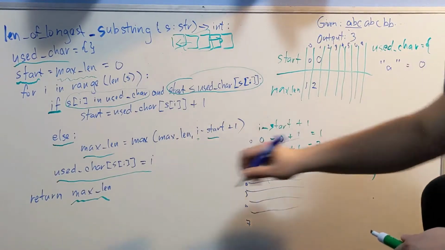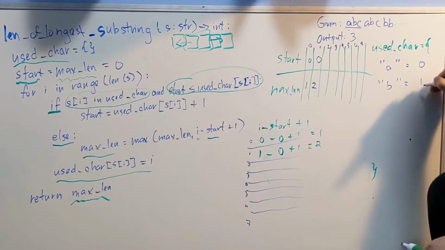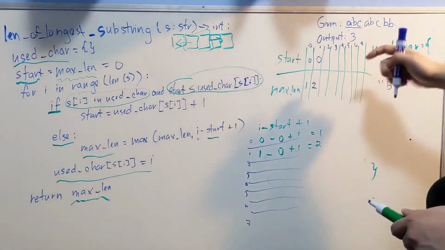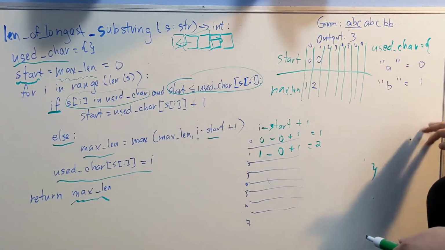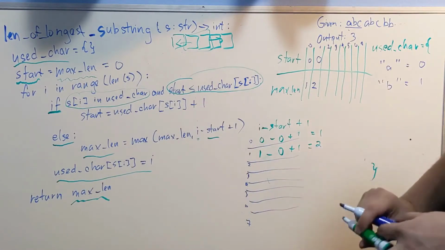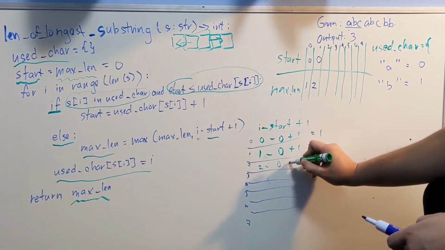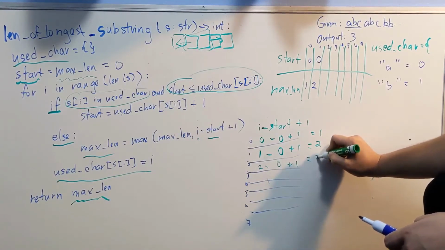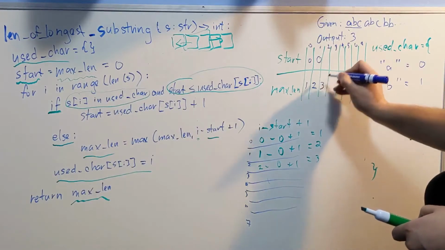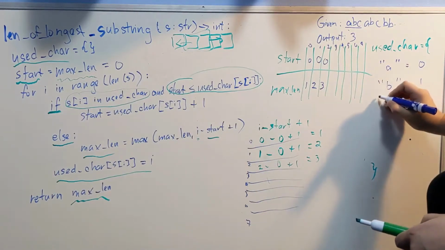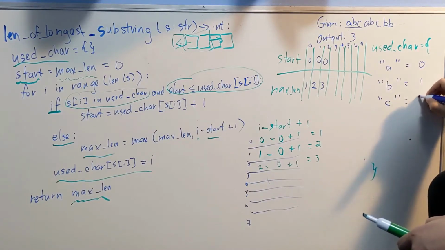Now we put b here and update the position. Now we go to the next one, letter c. Still the same, it's not in useChar yet, so we do 2 minus 0 plus 1 equals 3. Is 3 greater than 2? Let's update that. Start is still 0. Now we update the position.